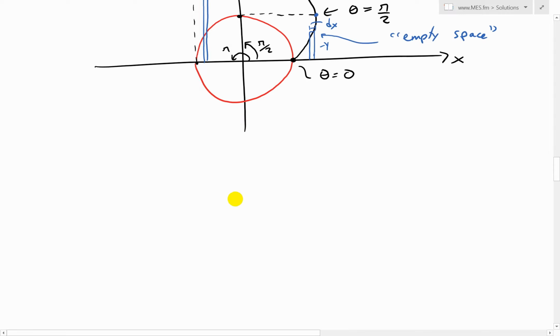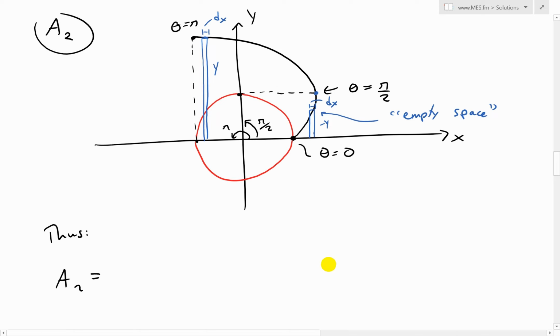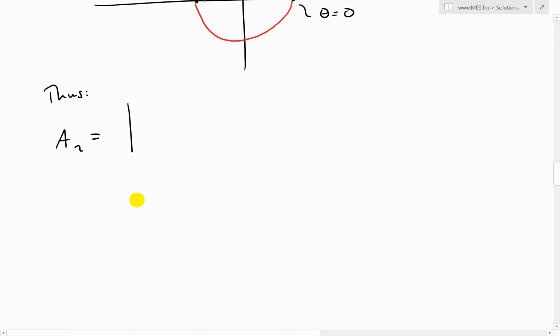So thus area 2 is going to be equal to, I'll draw this visually to show you what it means. We'll have this part right here, and then all the way to pi over 2. This is at theta equals pi.